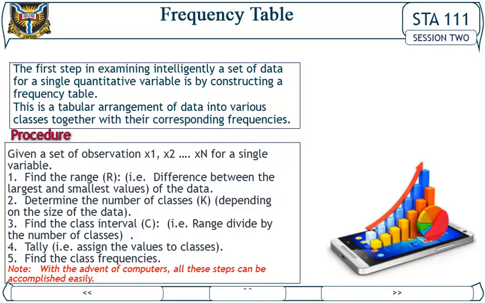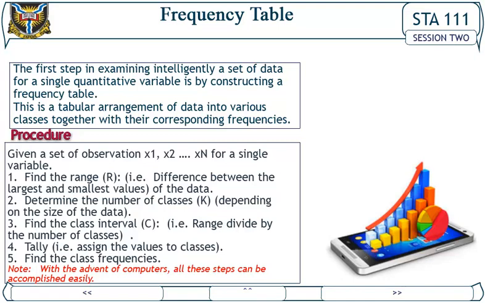Procedure. Given a set of observations x1, x2 to xn for a single variable: 1. Find the range R, that is, the difference between the largest and smallest values of the data. 2. Determine the number of classes k depending on the size of the data. 3.